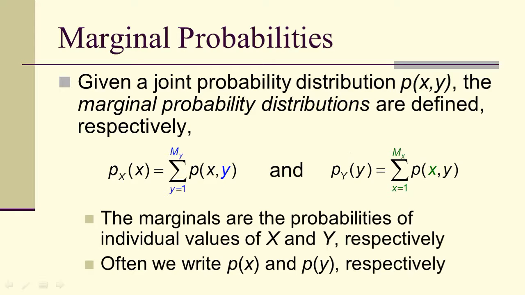And likewise, the marginal distribution of y is the sum over the x's of the joint distribution. And if there's no confusion, then we'll simply write P of x and P of y as the probability distribution of X and Y respectively. And these are the marginals, of course.